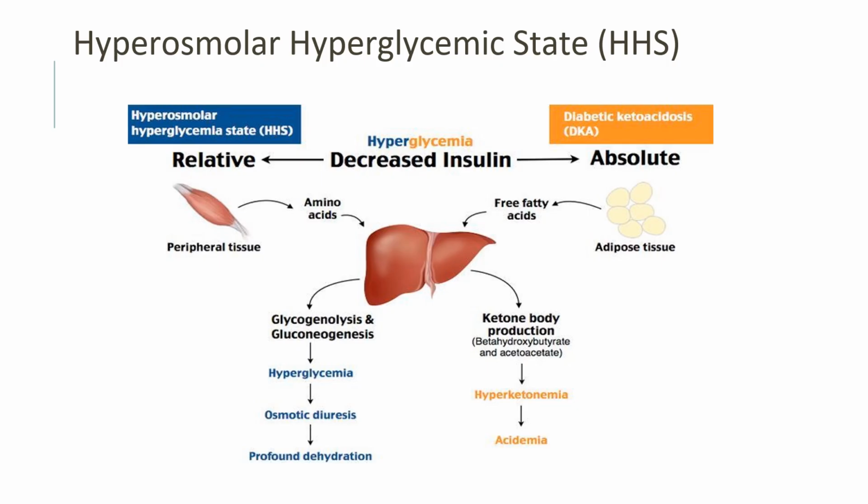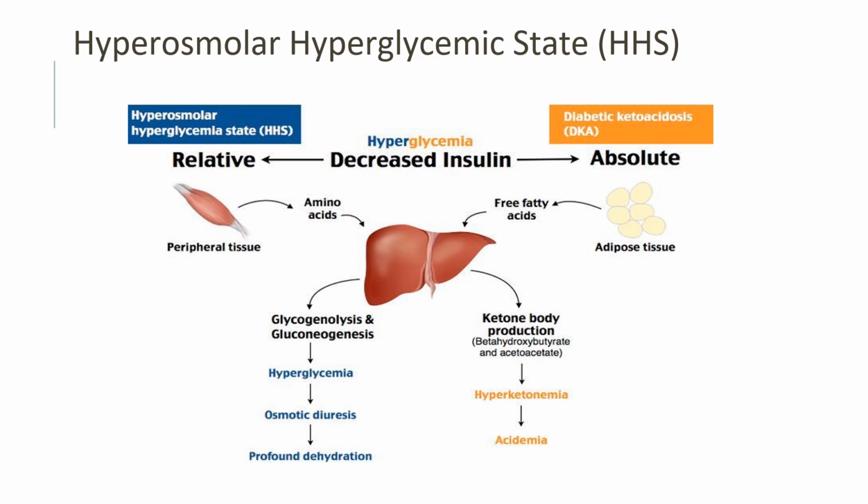So when you have this draw of fluids from the tissues into the vasculature, you're going to have this profound dehydration in the tissues, and with the osmotic diuresis, you're going to have profound polydipsia and polyuria. So you're going to have a really high amount of urination.